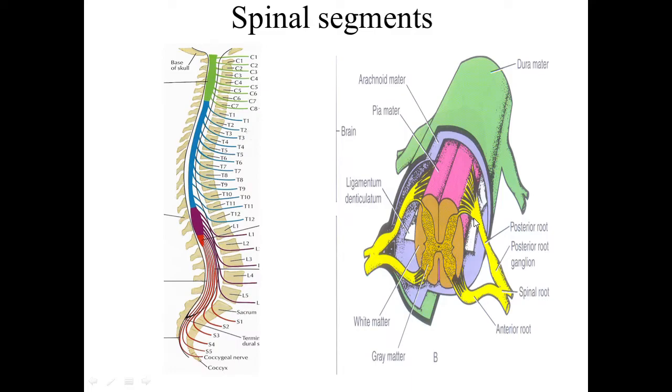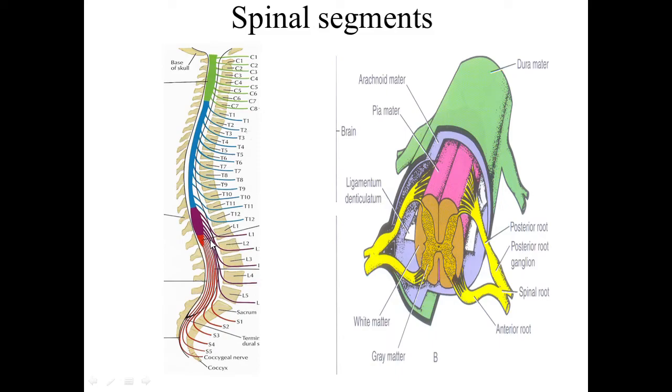Up to the 3rd month, the length of the spinal cord is the same as that of the vertebral column. But later on, the vertebral column grows faster and the spinal cord ends at the level of the lower border of L1. As we have seen, each spinal nerve passes through the intervertebral foramen of the corresponding vertebrae, and the spinal cord ends only at the level of L1.